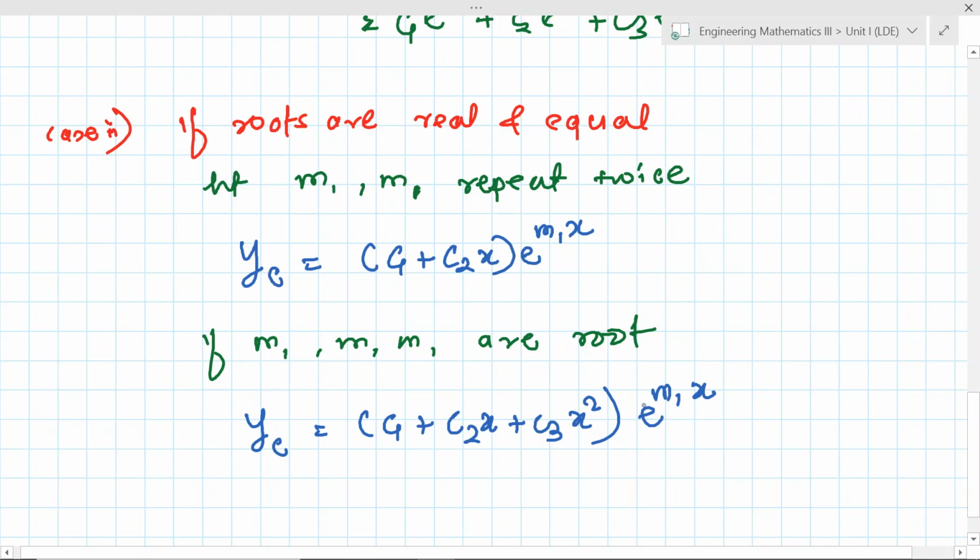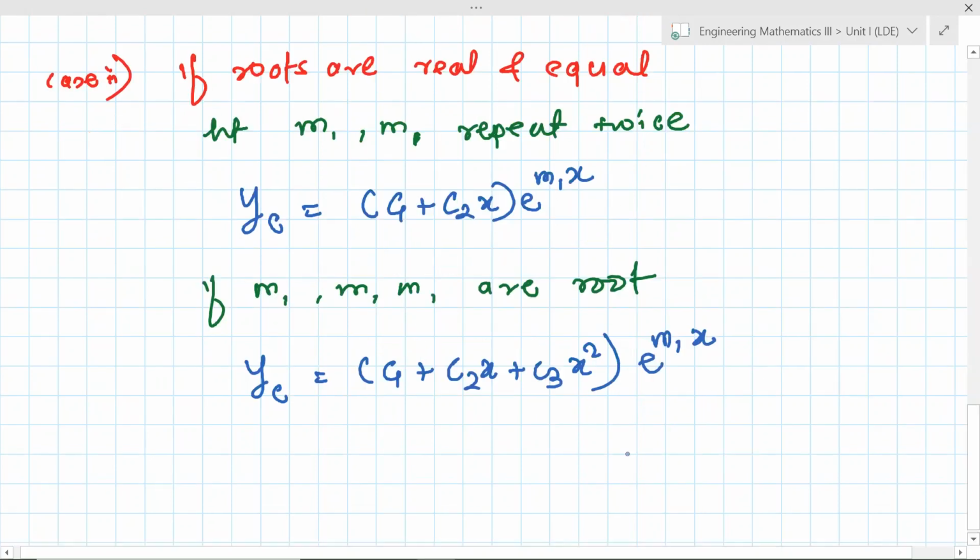Like that. So whatever the number of times it is repeated, we just have to take that number of arbitrary constants. If it repeats twice, then c1 plus c2x. If thrice, c1 plus c2x plus c3x square. As the number of constants increases, the power of x also increases. For c1 there is no x, for c2 only x, for c3 x square, for c4 x cube.